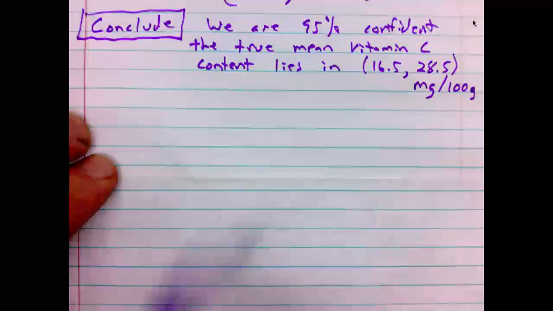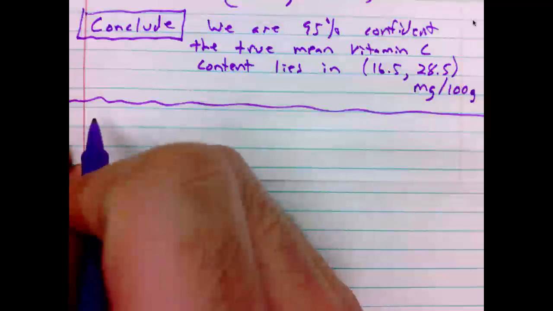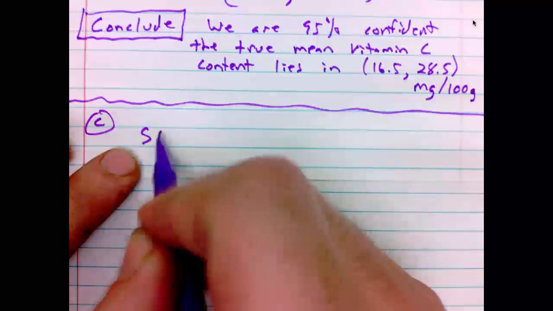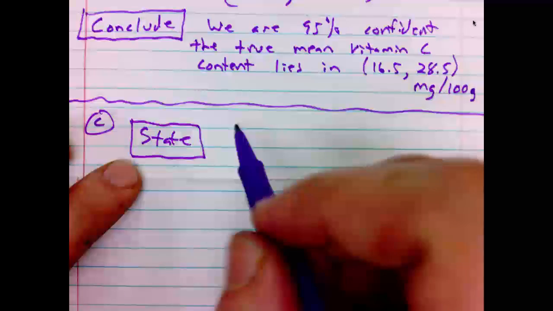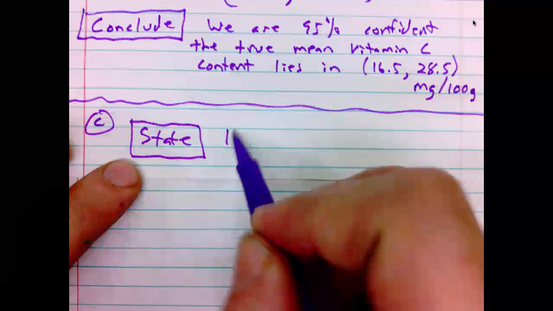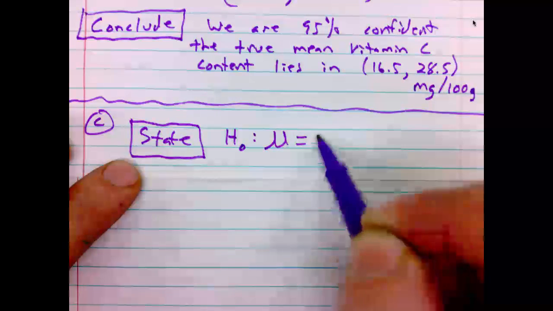All right. We are looking at now part C. Let's make a statement. State. All right. Our H naught, our null hypothesis, is that the mean is 40.